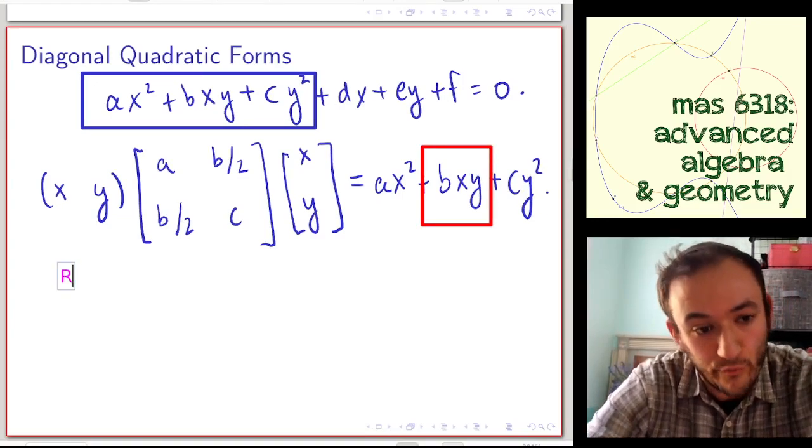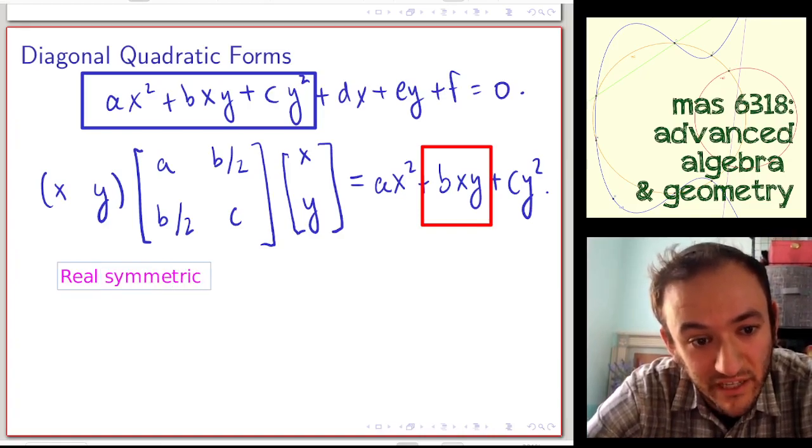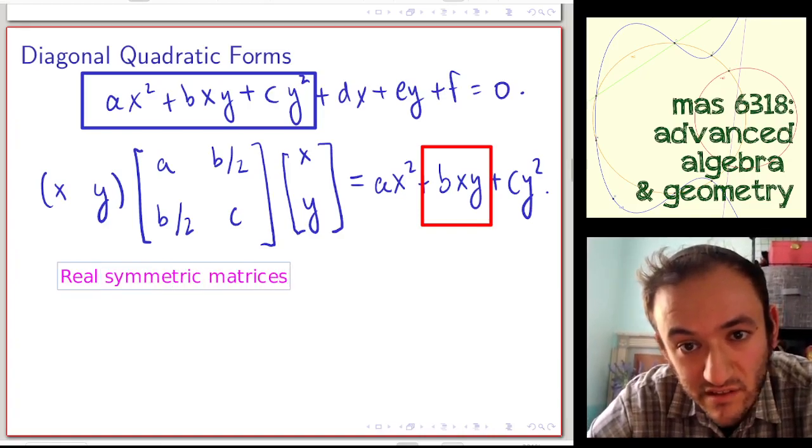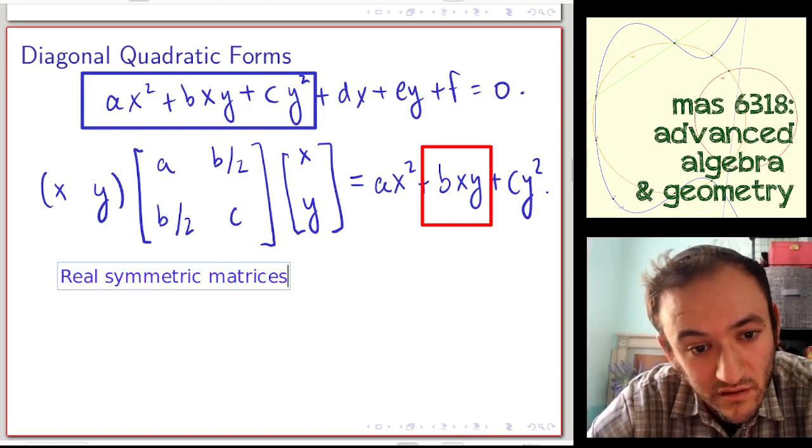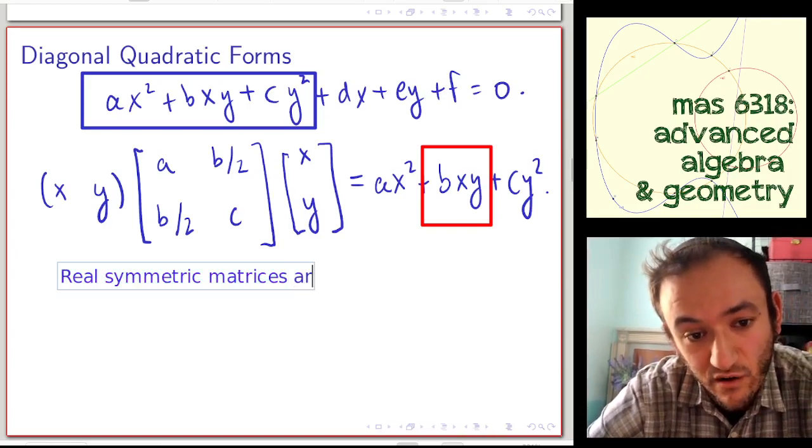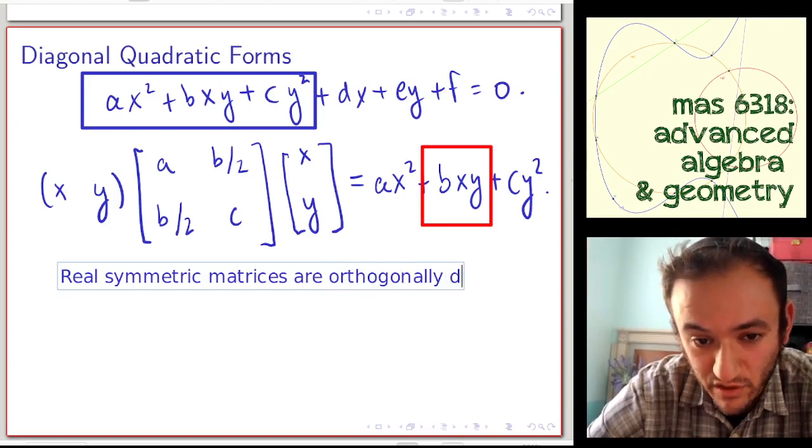that real symmetric matrices are orthogonally diagonalizable.